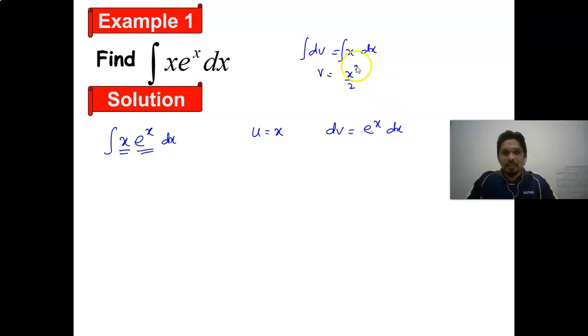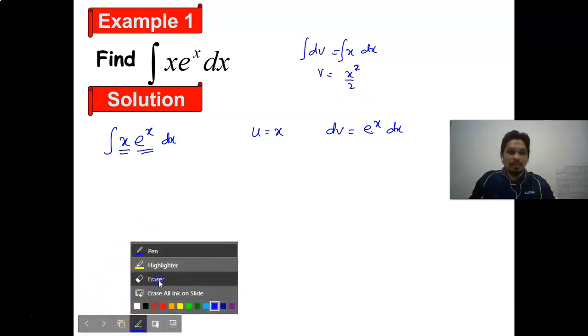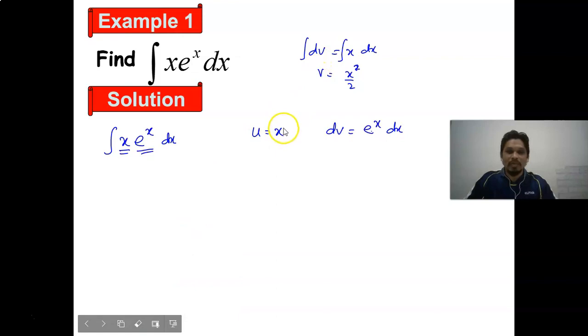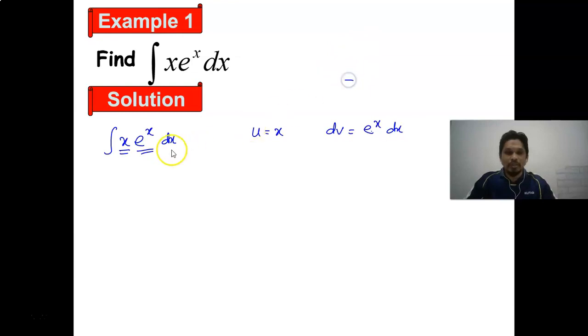This means we expand the power of x from 1 to 2. In this method we want to make the power of x smaller and smaller, so the polynomial x is not suitable to be chosen as dv for this example.